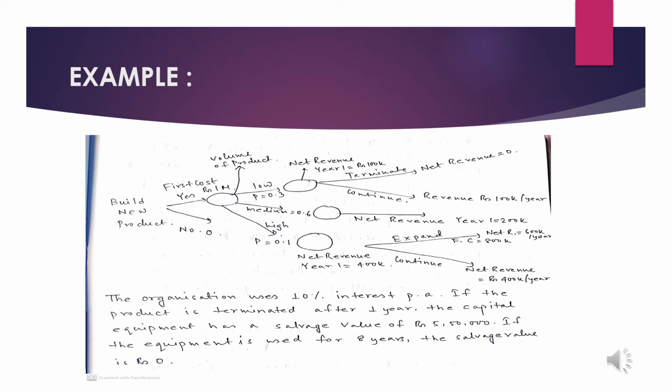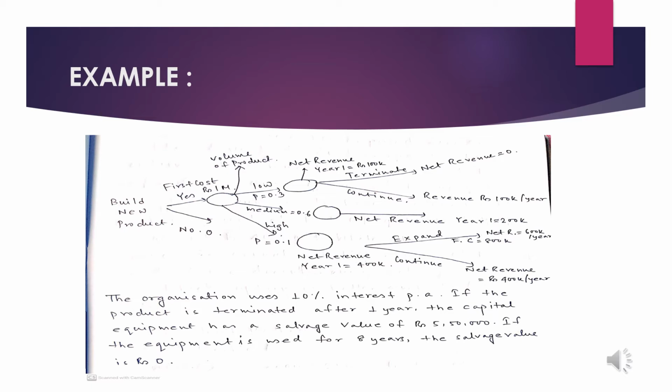For the medium volume, the net revenue does not change every single year. It has a 2 lakh per year revenue. And if the organization is opting for the high volume, the net revenue for the first year is 4 lakh, but from this particular decision node, 2 other branches go out.